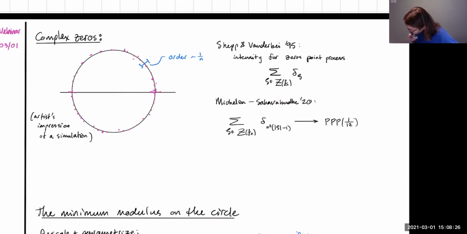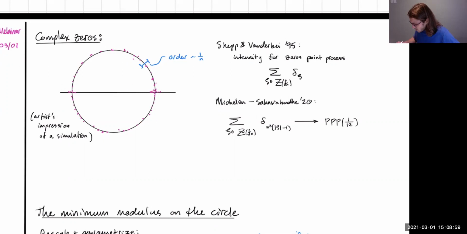And so there have been a couple of works on this process of zeros. This question of studying the distribution of zeros is closely related to our question about the minimum modulus. There was a work of Shepp and Vanderbei, where you can look at the point process of zeros, and they got the limiting intensity for this point process, from which you can deduce that the empirical measure converges to the uniform measure on the circle.